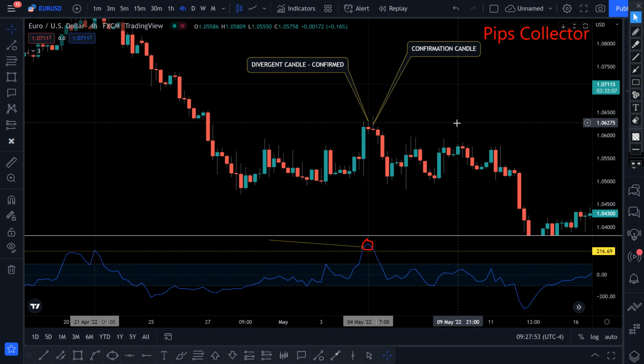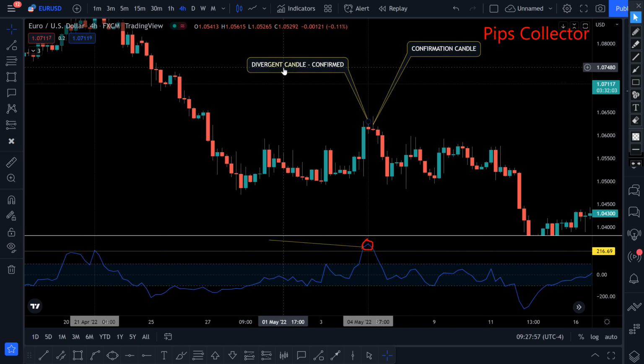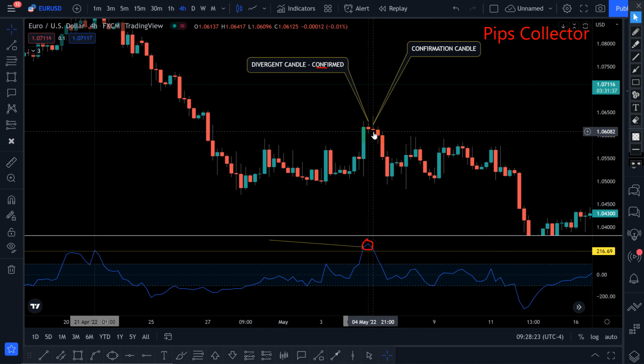So once you have your confirmation candle, it changes a divergent candle not confirmed yet to divergent candle confirmed. Now once you have this, this is our ringleader. This is the alpha candle. This is the prime, Optimus Prime, I think that's what it's called. This is where you're trading on.